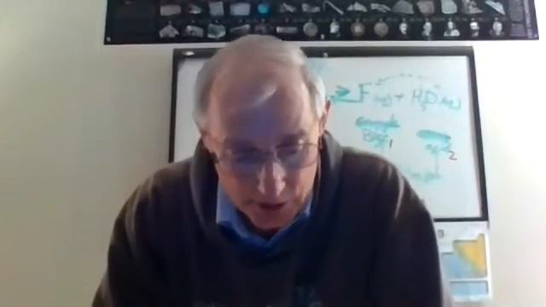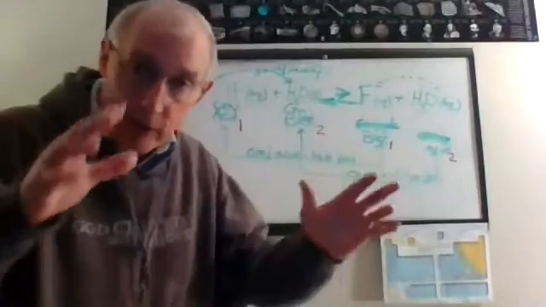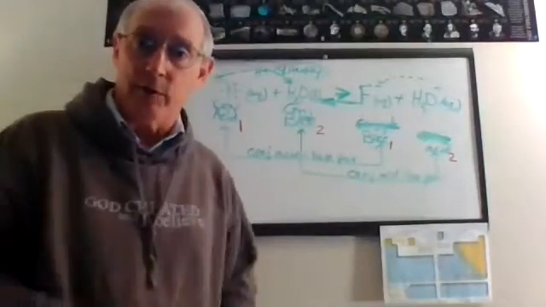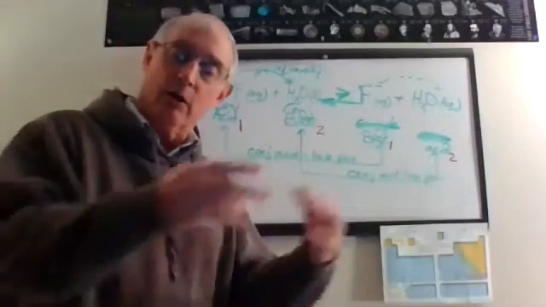This observation leads to an important conclusion. The stronger an acid is, the weaker its conjugate base. The stronger a base is, the weaker its conjugate acid. So all you have to identify is one of the reactants or one of the products as either strong or weak.